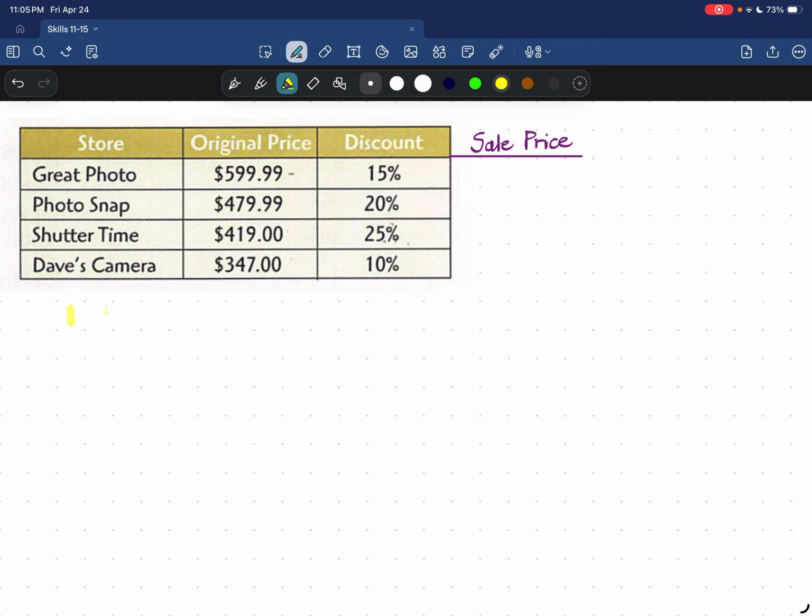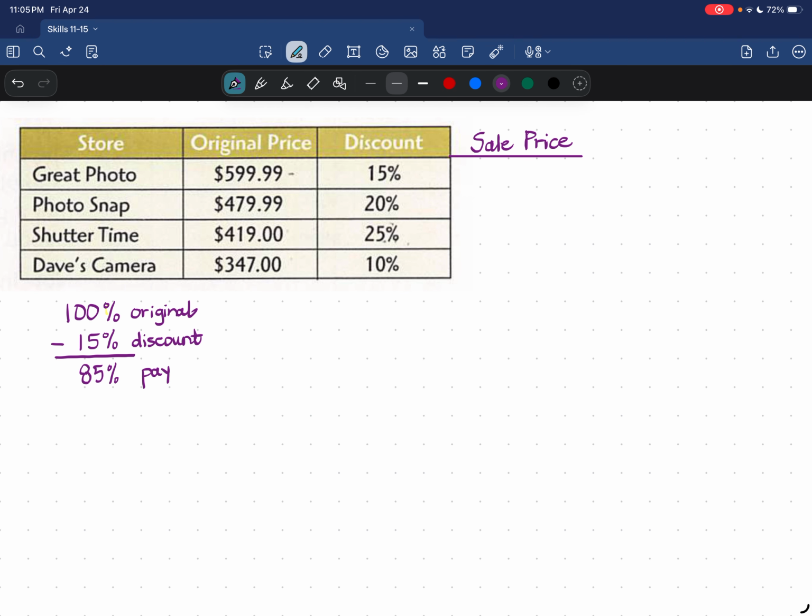All right, we know that 100% of the cost of the camera is the original price, but you save 15%. So that means that you are paying, let me set this up. This is original. This is your discount, which means this is the amount that you will pay. And this is 85% of the price.